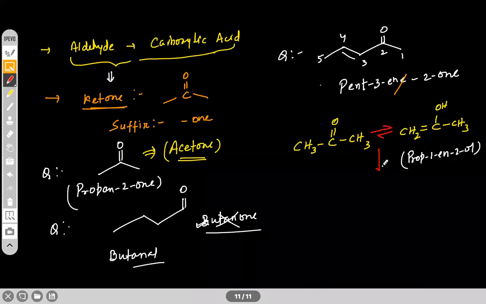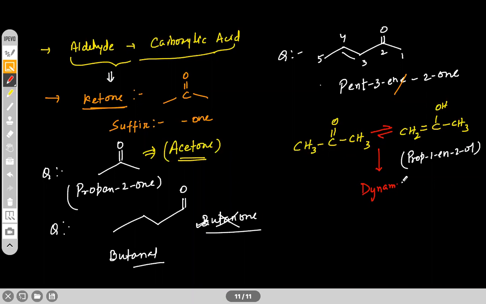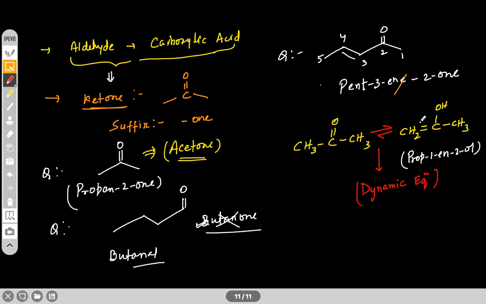The kind of equilibrium here we call dynamic equilibrium. And if you observe, the molecular formula of the two compounds is the same, right?